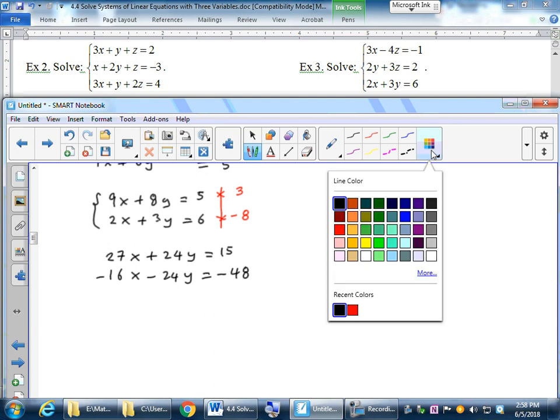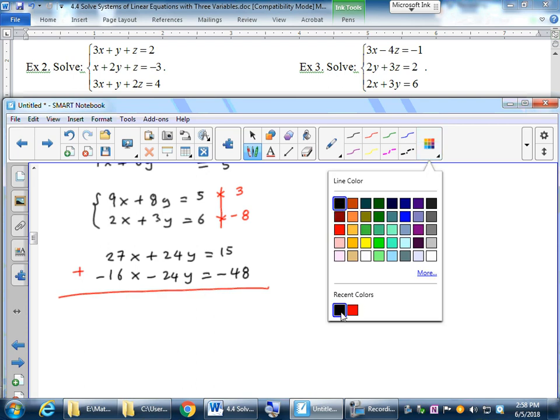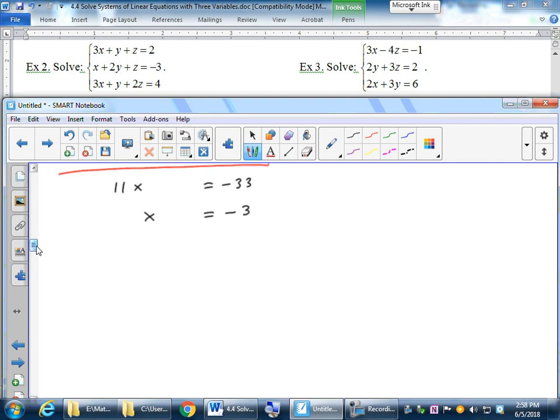And then we add these two equations together. That gives us y eliminated. This will be 11x is equal to taking away 48, take away 15 is -33. So therefore my x is equal to -3.